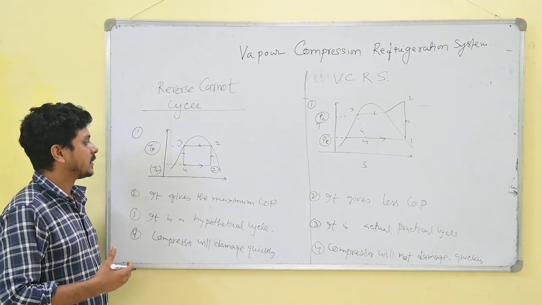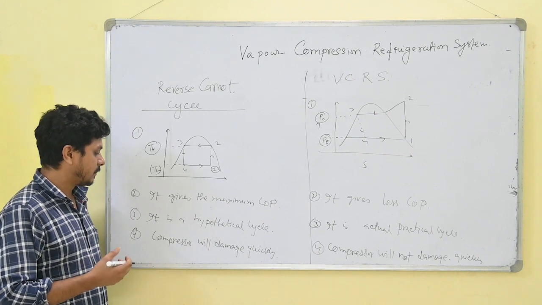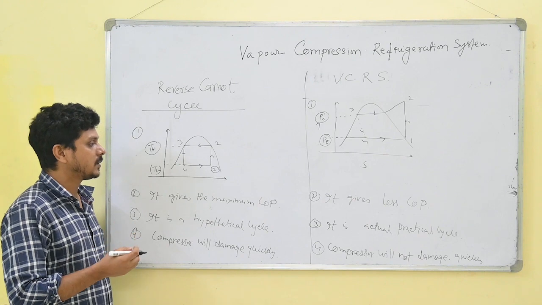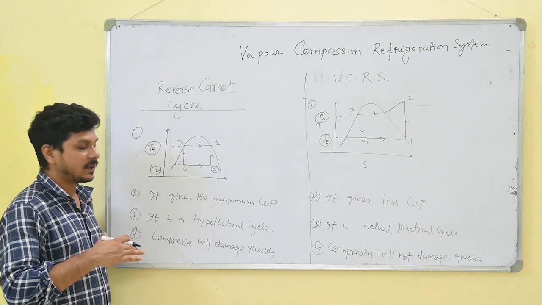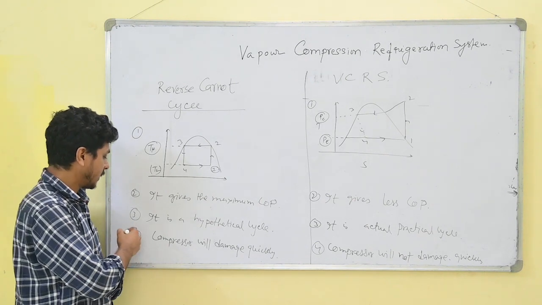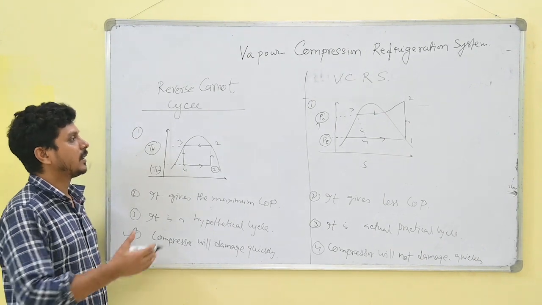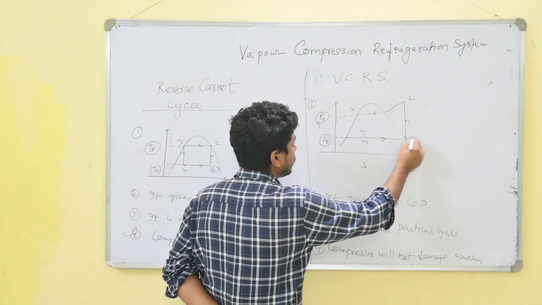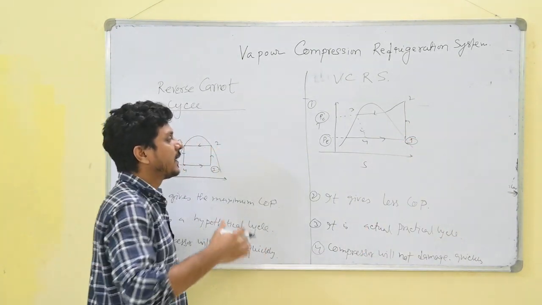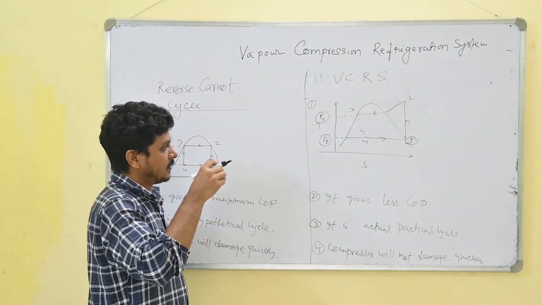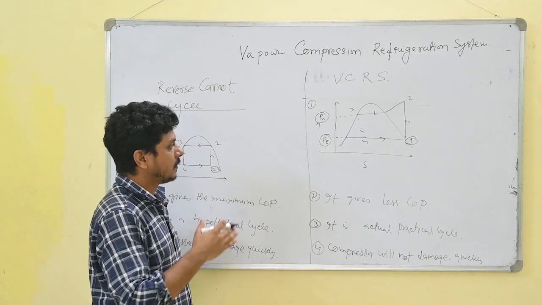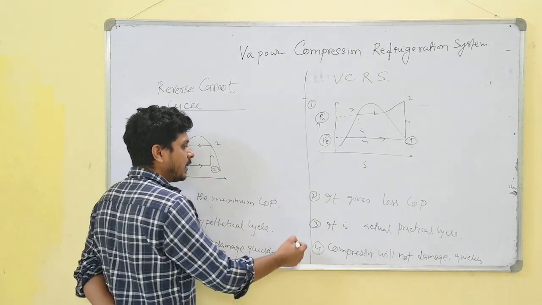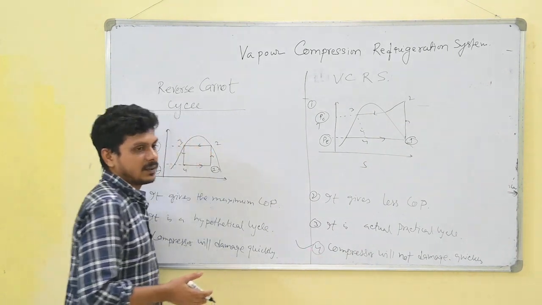That's why the blade particles strike the liquid molecules and erode the blade, and the compressor is damaged quickly. Here, point one lies on the saturated vapor line, so the compressor will not be damaged quickly.